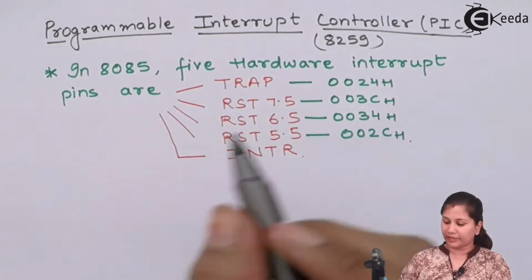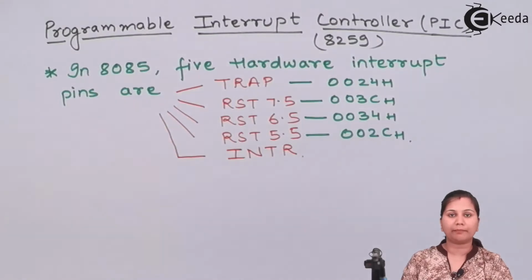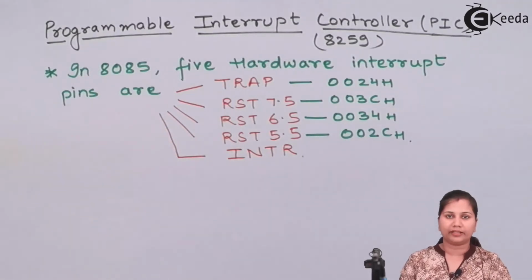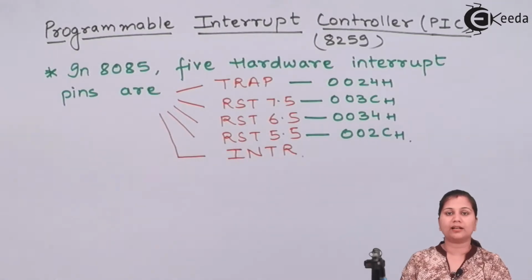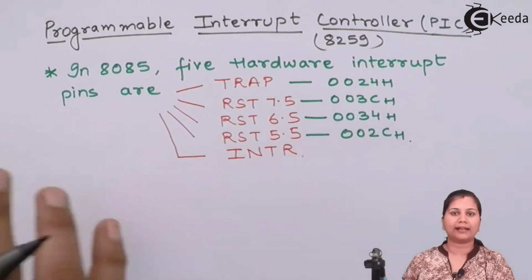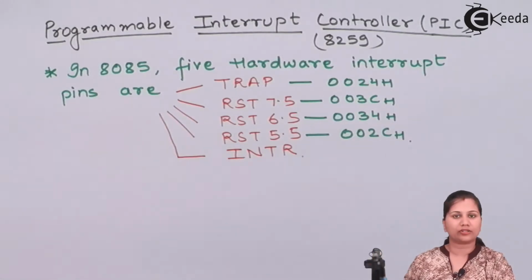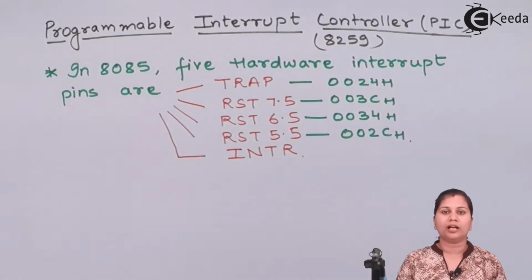So whenever these interrupts are given, the microprocessor will jump to these memory locations, where the subroutine is written, that subroutine will be executed, and the microprocessor will continue to perform its main task.